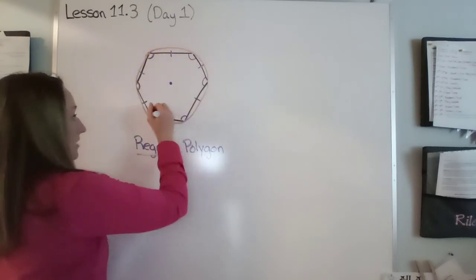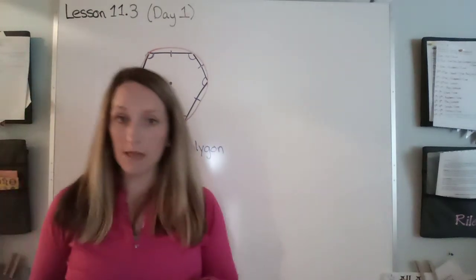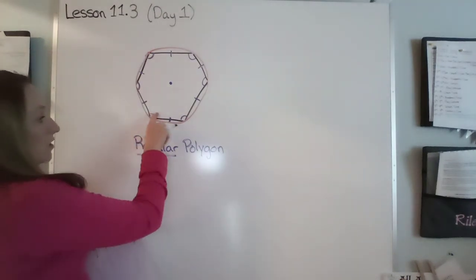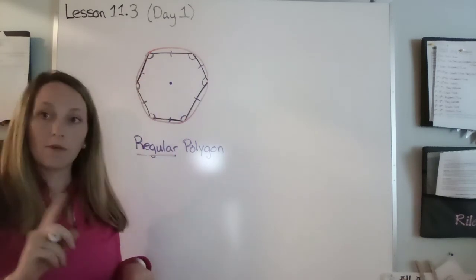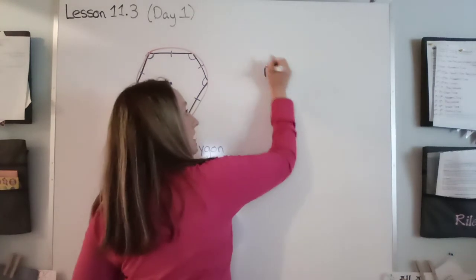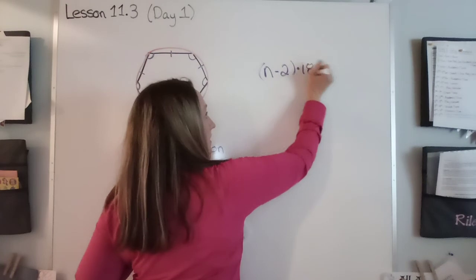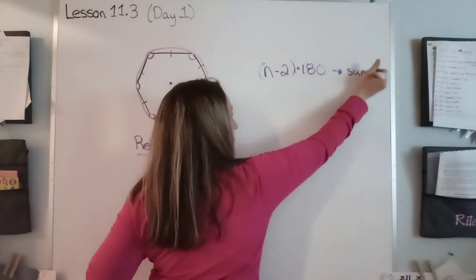All right. And just as a quick recap, because some old information is going to be coming up in this lesson, if I wanted to find out what all of these angles add up to, there is a formula for the sum of the interior angles of a regular polygon, and that formula is n minus 2 times 180. That's going to be the sum of all the inside angles.